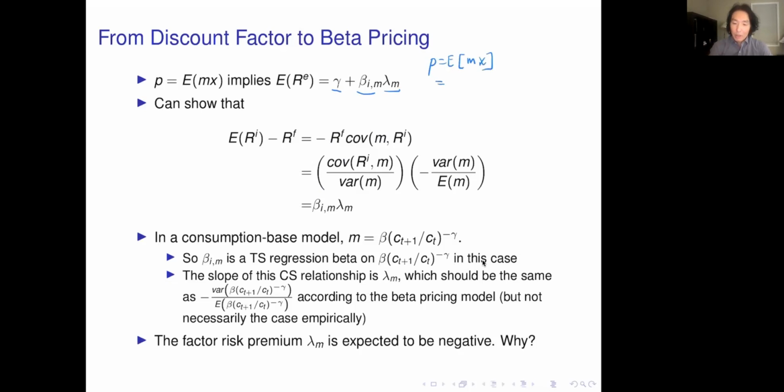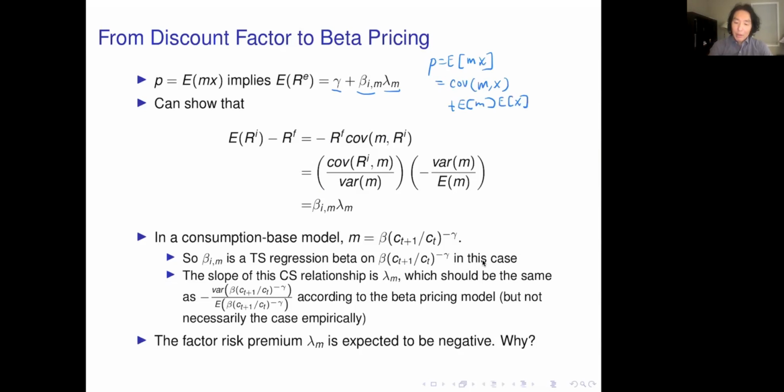And we decompose the expectation of the product into covariance between m and x, and expectation of m times expectation of the payoff.